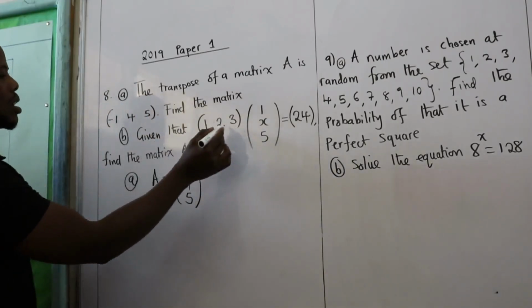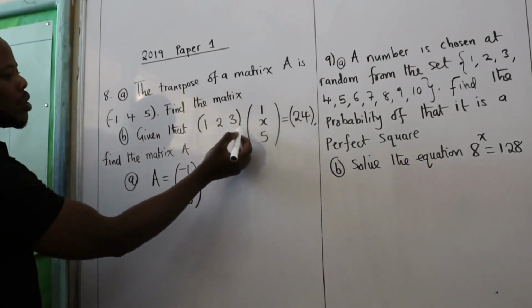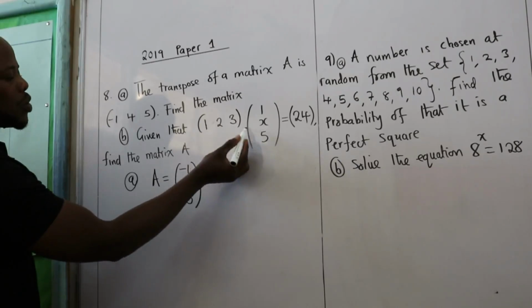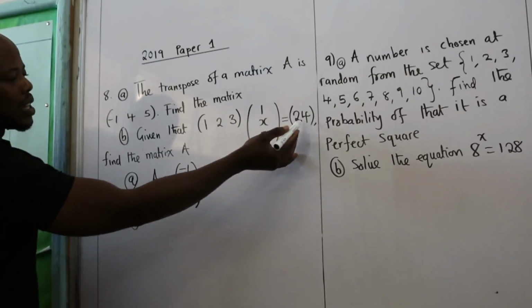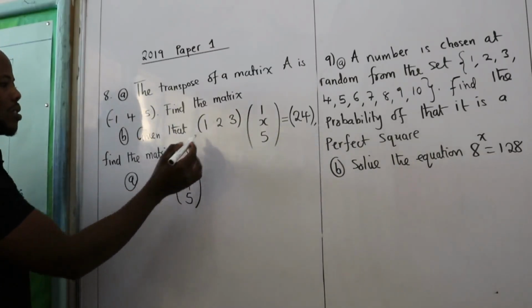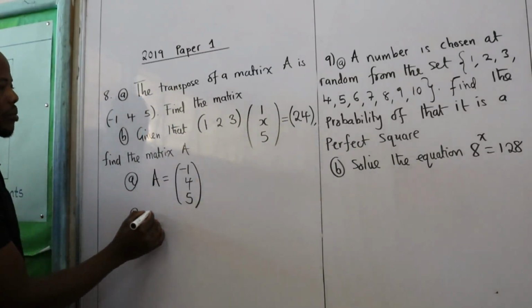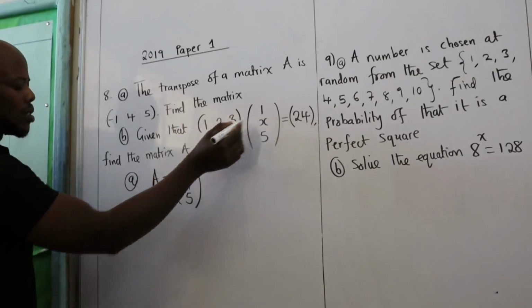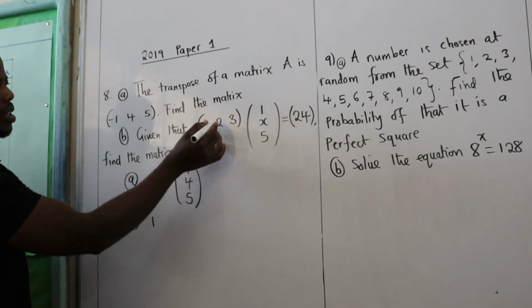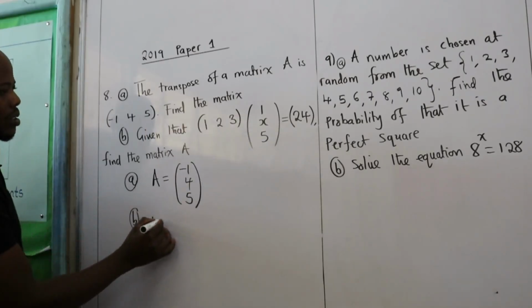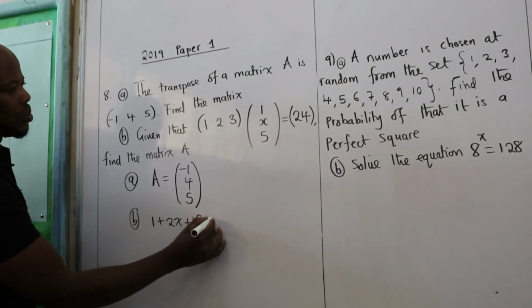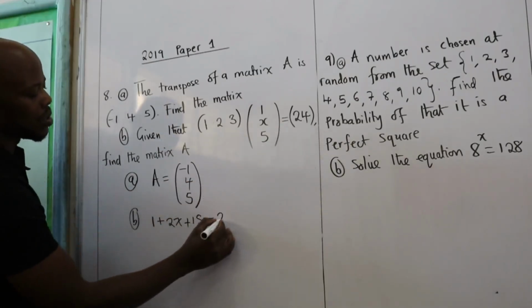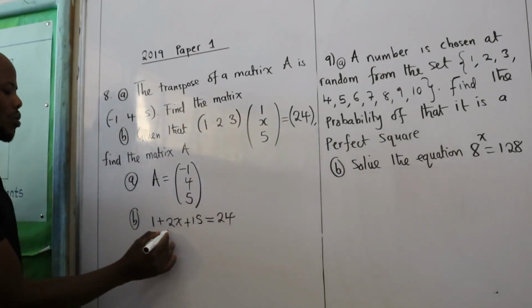Question B here, they want us to multiply or to find the value of x. Once we multiply, because this is multiplication over here, the answer is this one. So what we will do is, we start multiplying this times this is 1. This times this is 2x. This times this, it will be equal to 15, which is equal to here 24. So now we can solve.